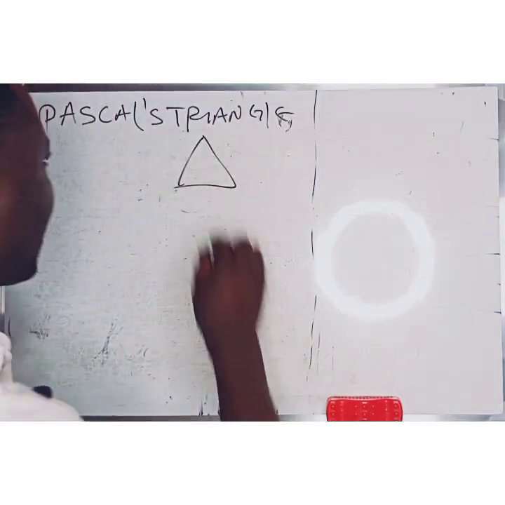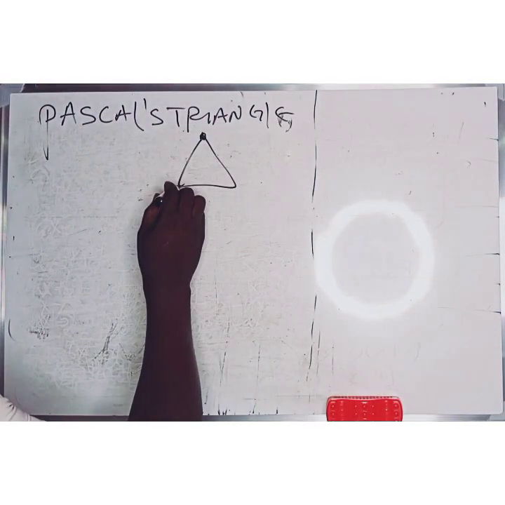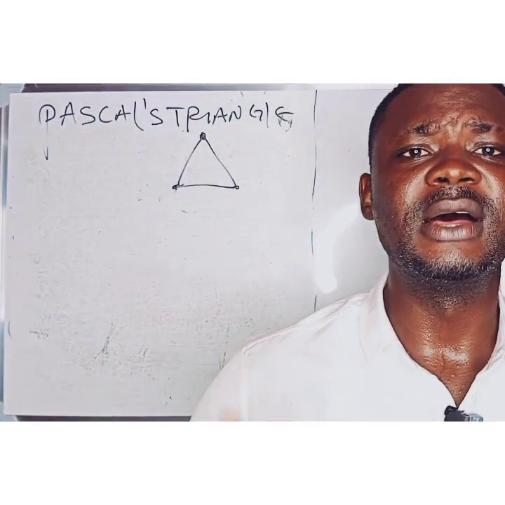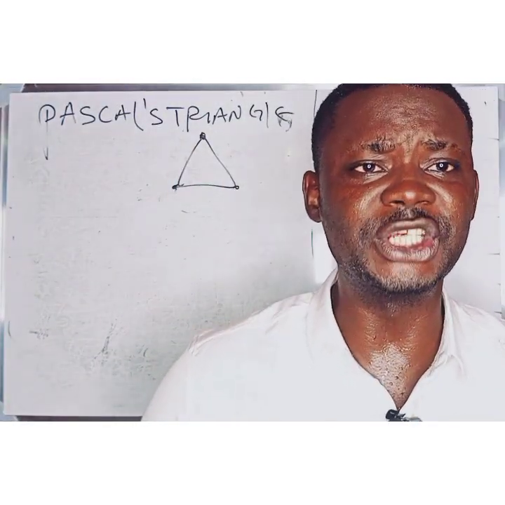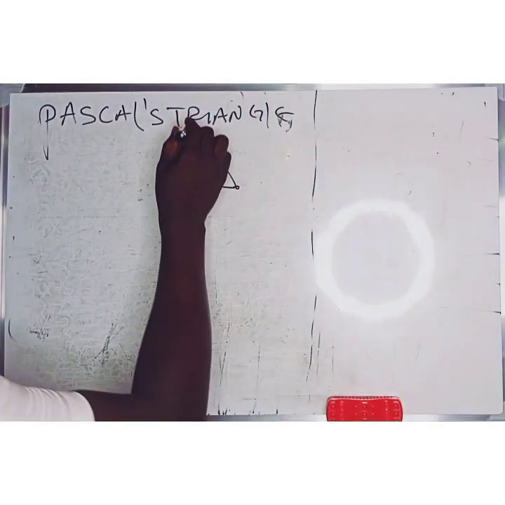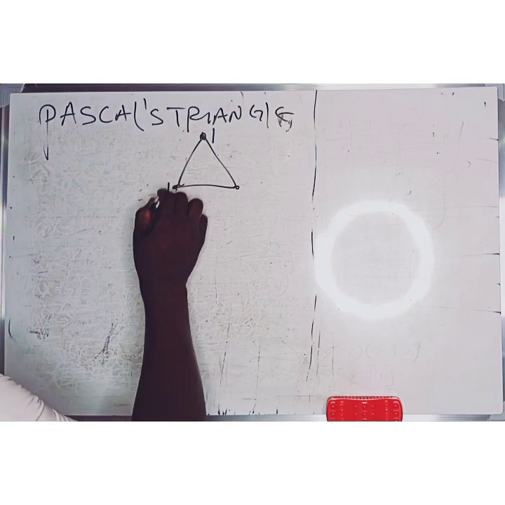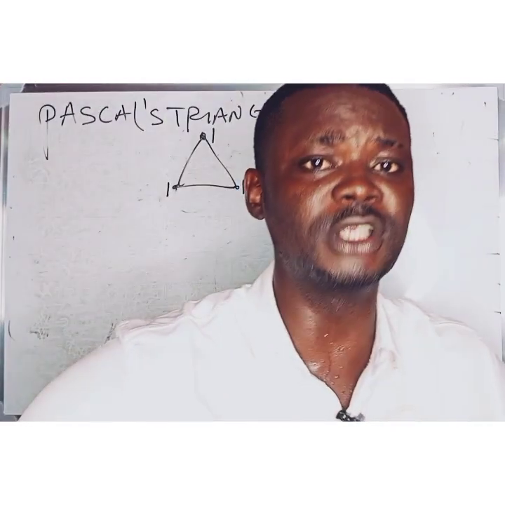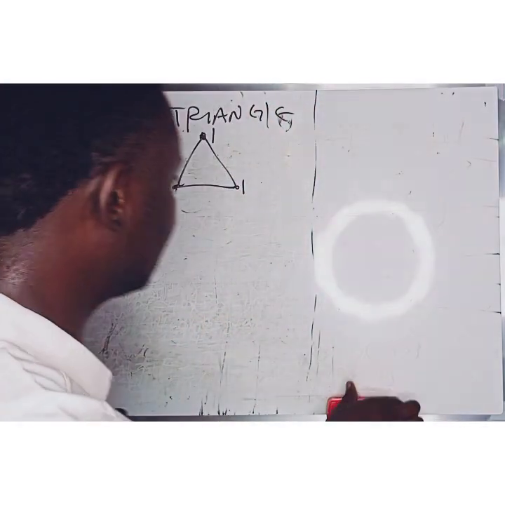Have you seen the vertex? The highest point here, and these 3 points. Doing that, we should come here, here, and here. This is what we call the pyramid of one. But now let me clean this to do it well.